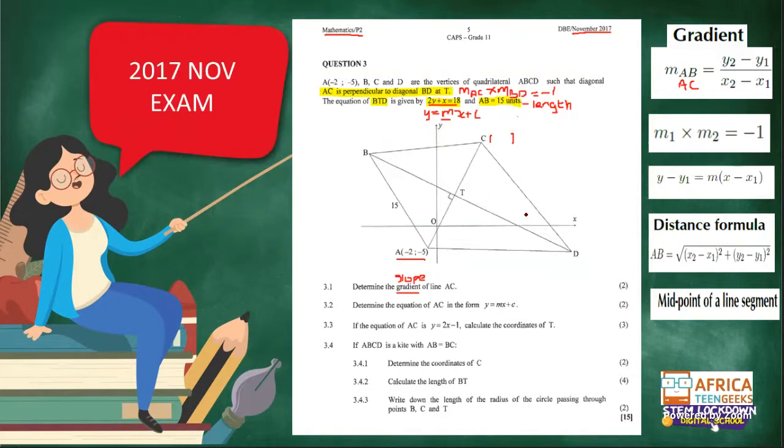Can you see that? And we can relate the gradient of BD and that of AC by saying the product of their gradients is -1.